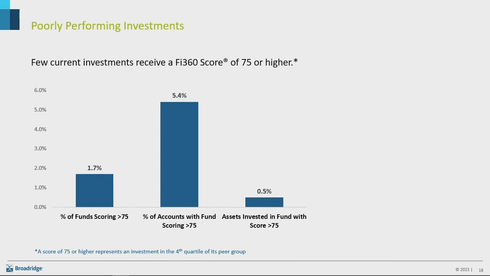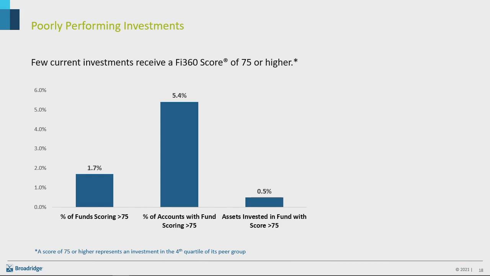And as you can see here, within our scoring methodology, we score funds from 0 to 100, 0 being good, 100 being a negative score that's in the fourth quartile.